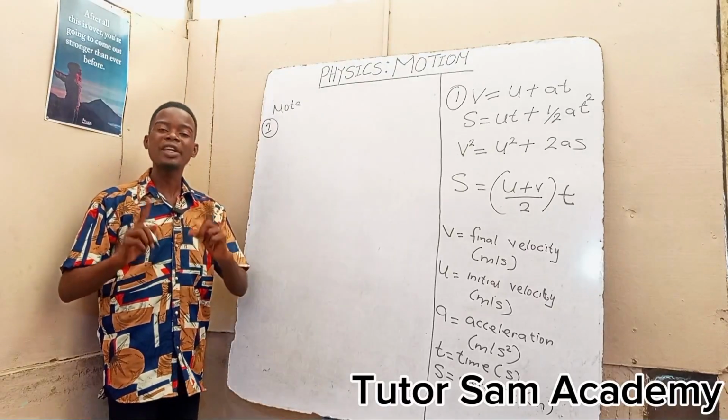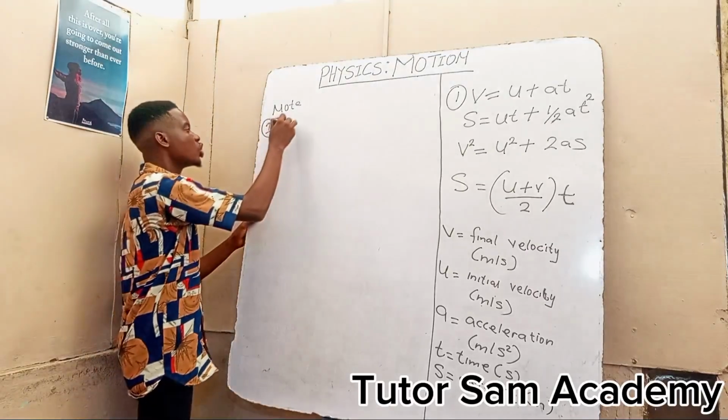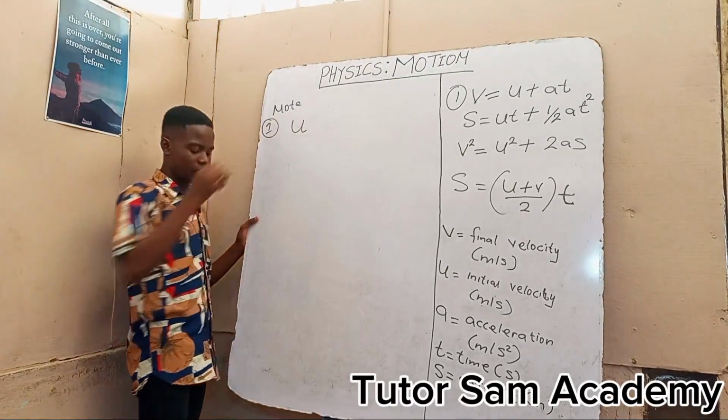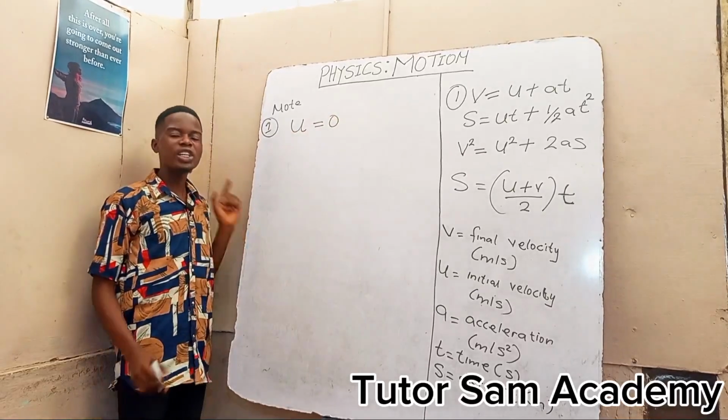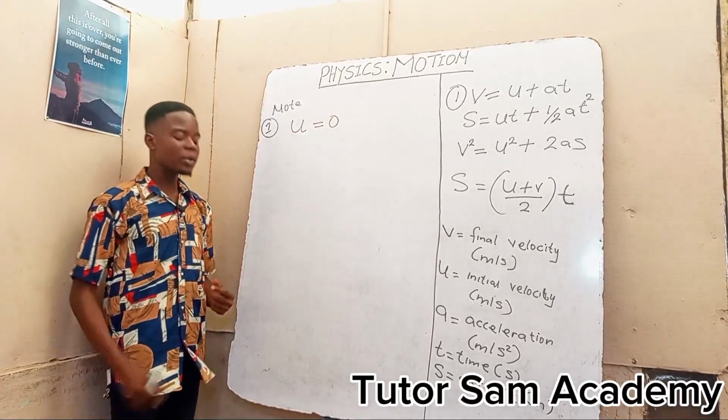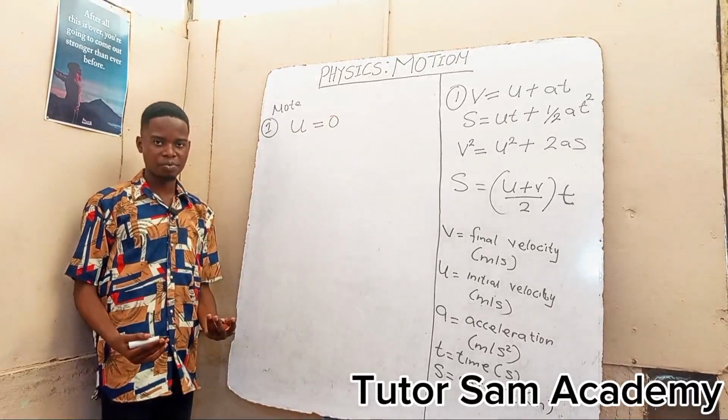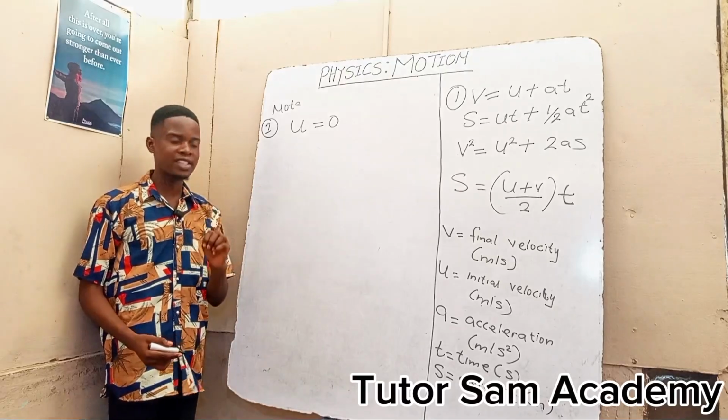Whenever you see that, take note that your initial velocity, your u, will be equal to 0. Your initial velocity must be 0 when a body begins from rest. Take note of that before I solve any example.